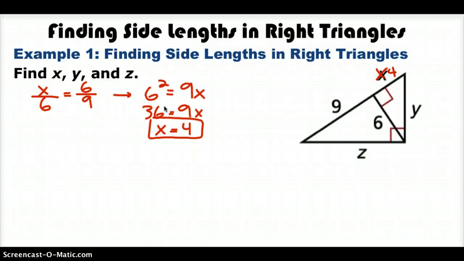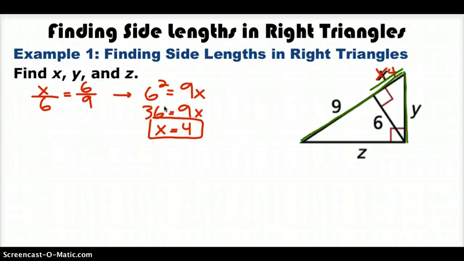We know that this entire length is 13 now, since 9 plus 4 is 13, but let's find y now. We said that the length of the leg is the geometric mean of the length of the hypotenuse times the length of the adjacent segment of the hypotenuse.